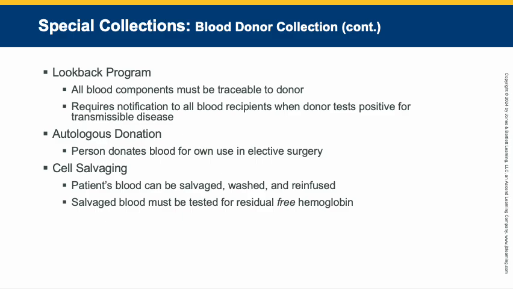If the patient has a high free hemoglobin level, this means that too many red cells were destroyed during the salvage process. If you then put these lysed red cells into the patient, this can cause kidney problems. They can have renal dysfunction if you put that blood back into them.